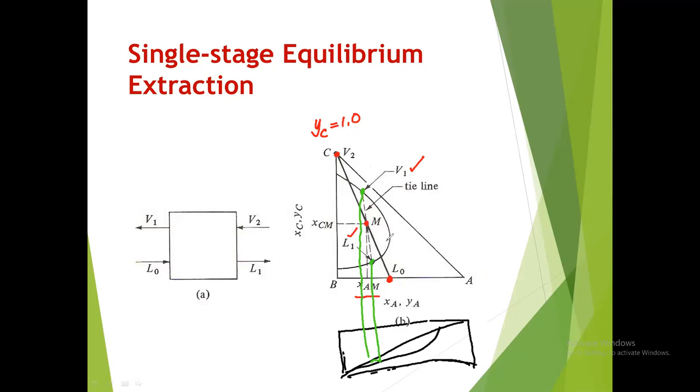I'm just explaining it initially in here, but later on when we do the graphical approach at the latter part of this set of slides, in determining the number of stages, we will revisit this particular concept. But nonetheless, I want this fundamental thing already very clear to you. You always connect the feed and the solvent points in your equilibrium diagram.